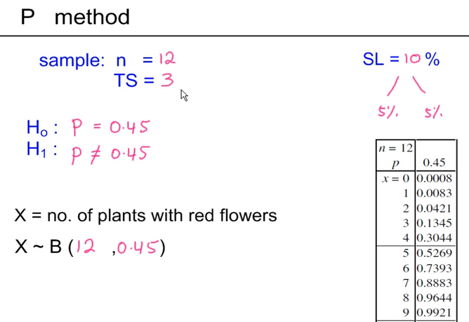We can calculate two probabilities, the probability that x is less than or equal to 3, and compare that with the significance level here, the 5%, and we can calculate the probability that x is more than or equal to 3, and again compare the probability with the 5% here.